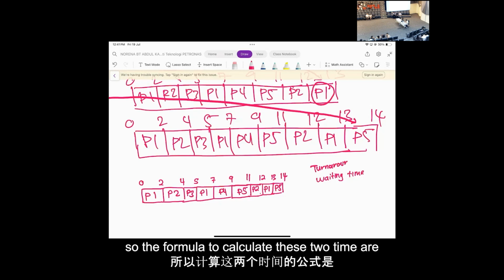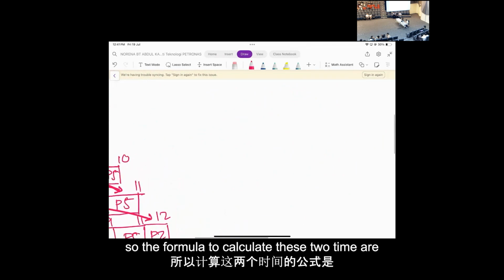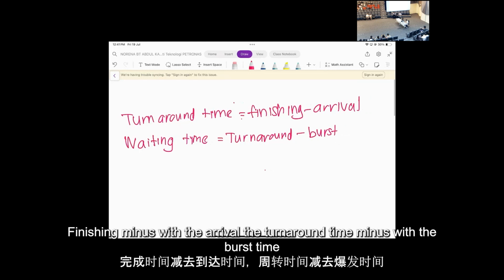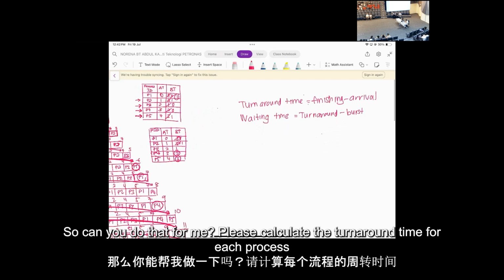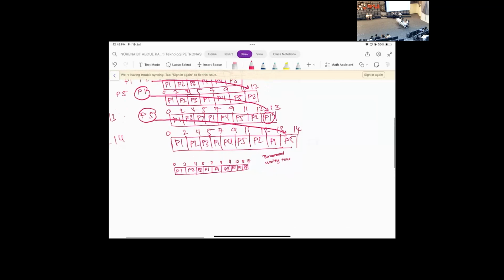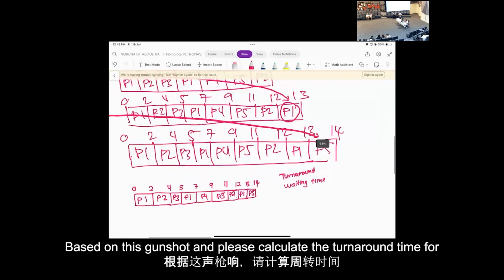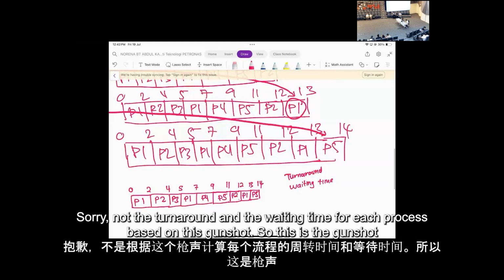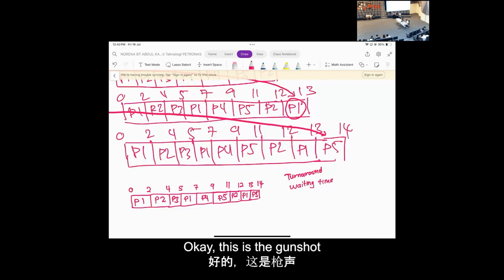The formula to calculate these 2 times are: turnaround time is finishing time minus arrival time, and waiting time is turnaround time minus burst time. So can you do that for me? Please calculate the turnaround time for each process based on this Gantt chart, sorry, not the turnaround time, the waiting time for each process based on this Gantt chart. So this is the Gantt chart.